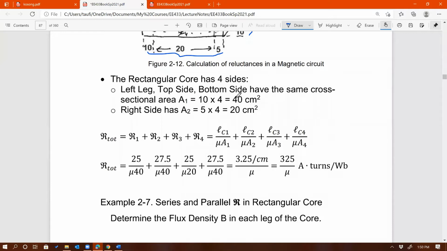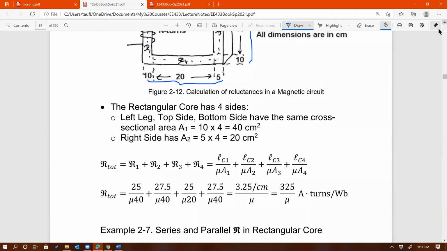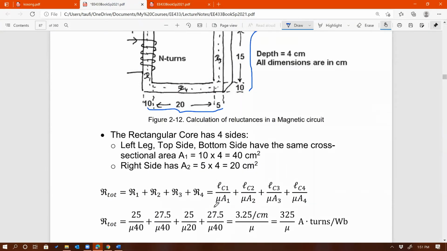Also the cross-sectional area might be different as well. It looks like they are different. But anyhow, the total reluctance should be the summation of all reluctances. That's going to be R1 plus R2 until R4. And R1 is LC1 over mu A1. So that's going to be on the left side, looks like.